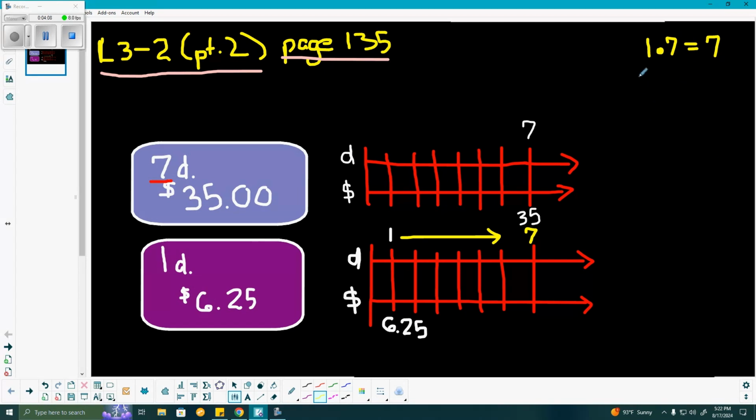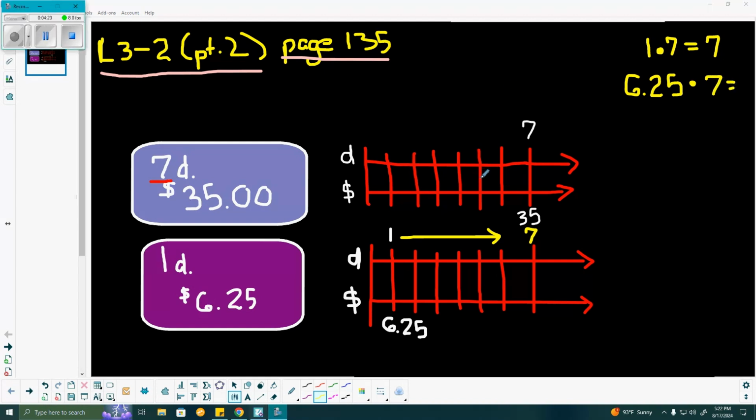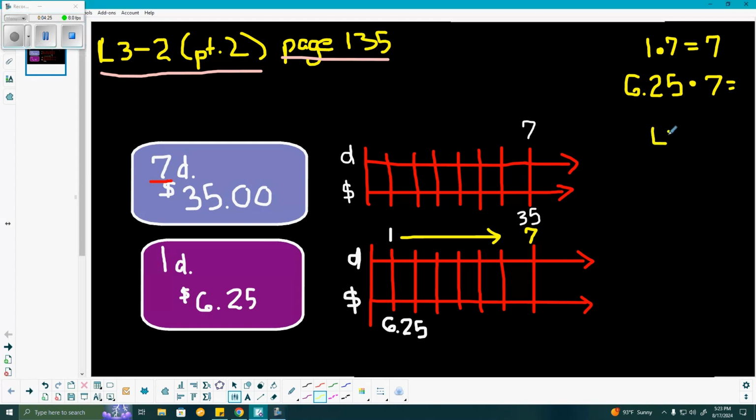If I do something to one side, I must do it to the other. So now we will do $6.25 times 7, which is going to equal $43.75.